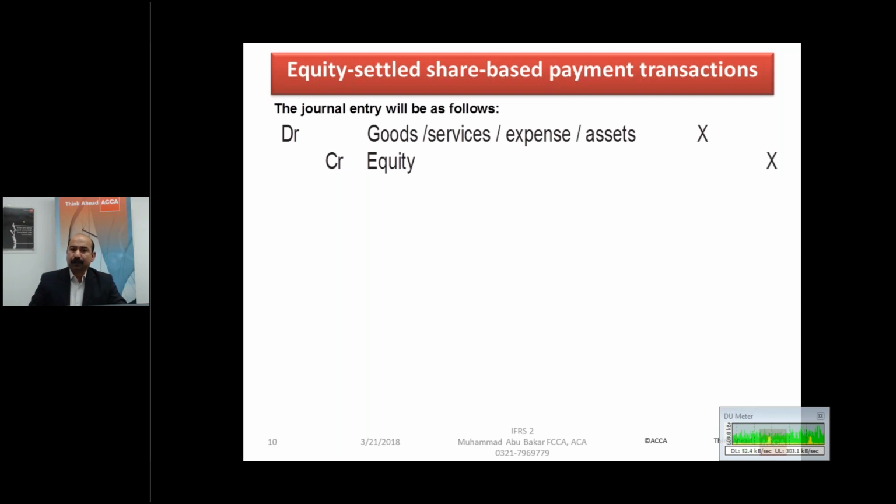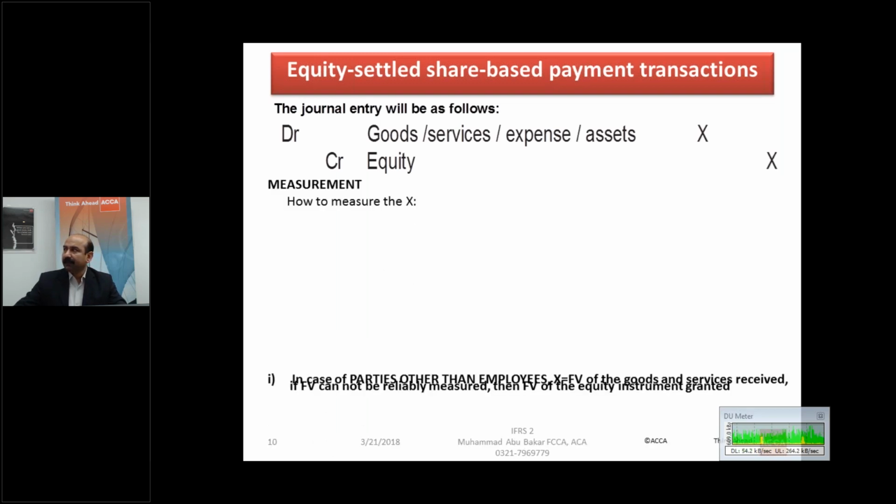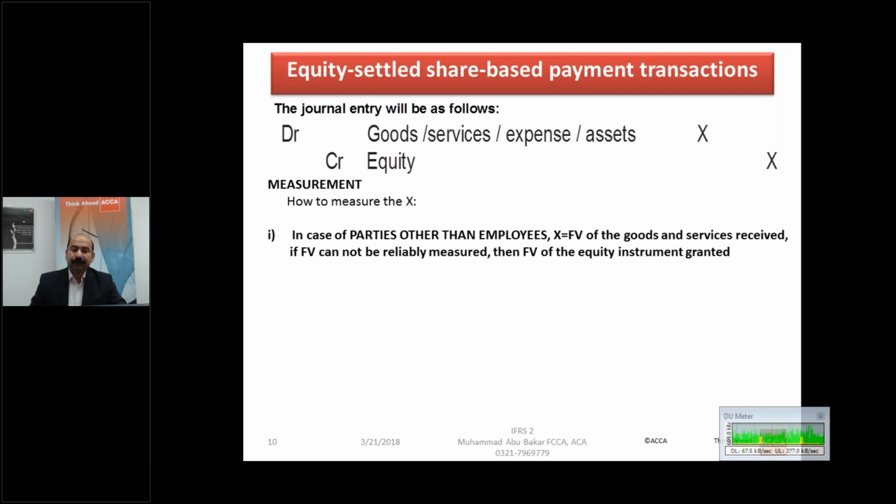Now the question arises, how to measure the X? In case of parties other than employees, this X will be the fair value of the goods or the services received. Meaning, if you are buying stock against equity settled share based payment, there will be a fair value of that stock.